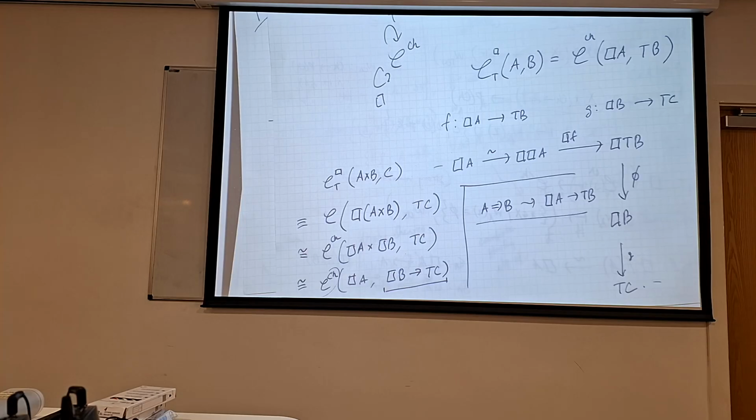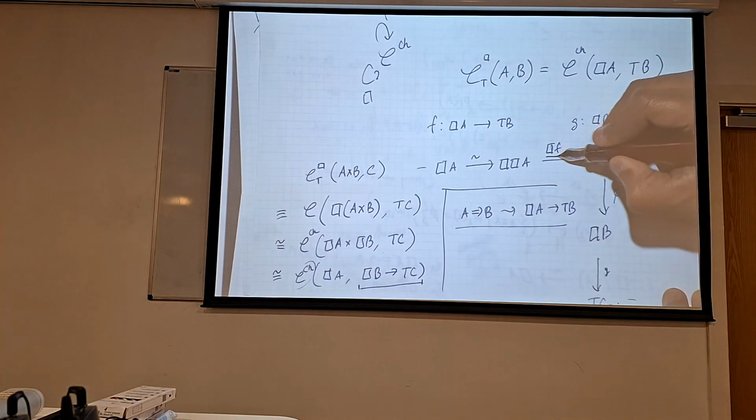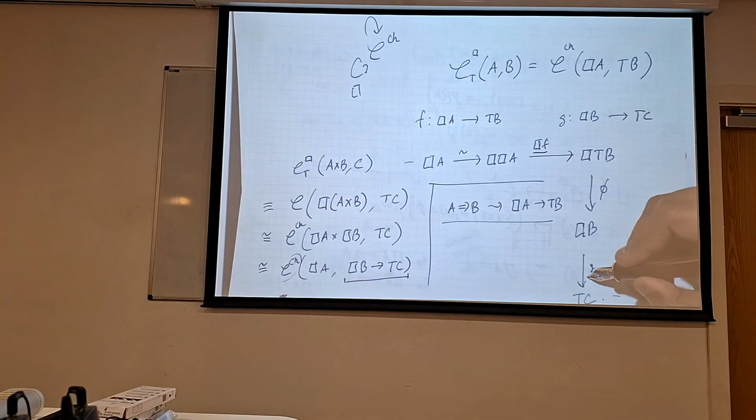Okay. So that's standard for the Writer monad. But in this composition, I don't see how we get the effect of F, since we apply it. Yeah, so F is under the box, right? F is applied here, G is applied here.